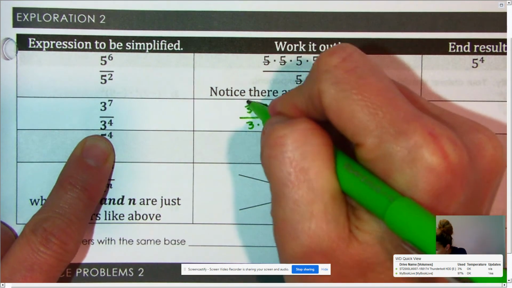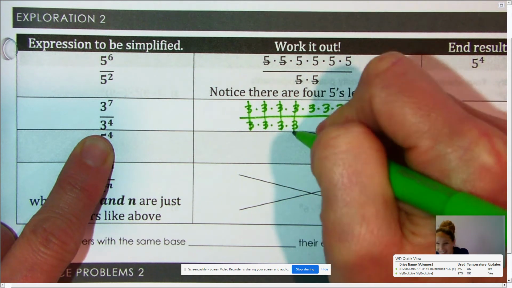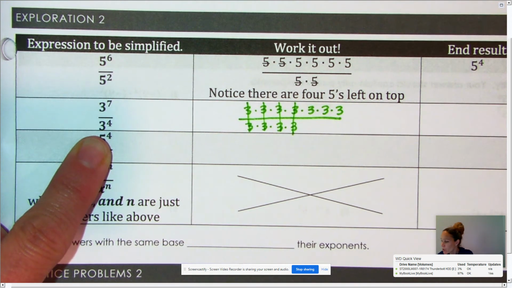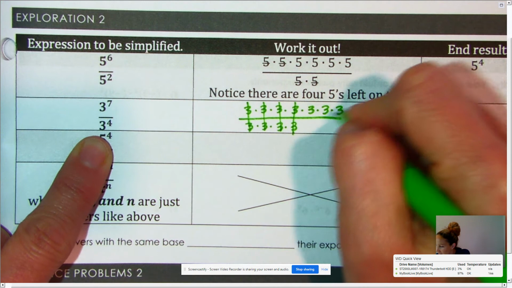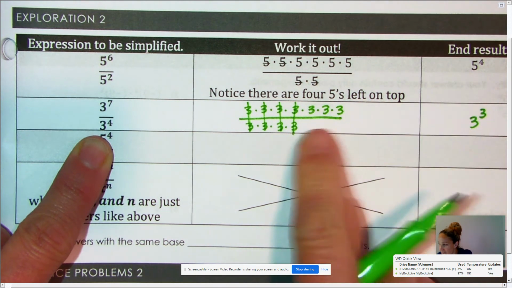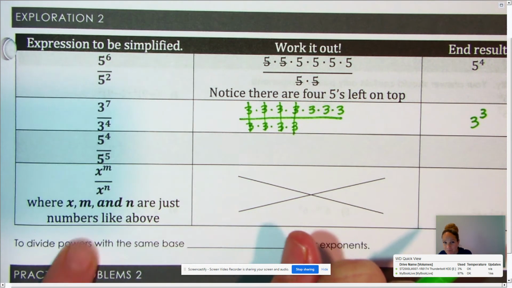So I can cancel 1 of the 3s, 2 of the 3s, 3 of the 3s, 4 of the 3s. Okay, so I can cancel out 4 of them. So your question is, well, how many are left? I have 1, 2, 3 3s. And since there's nothing left on the bottom, I don't need to write that part of the fraction anymore, okay?